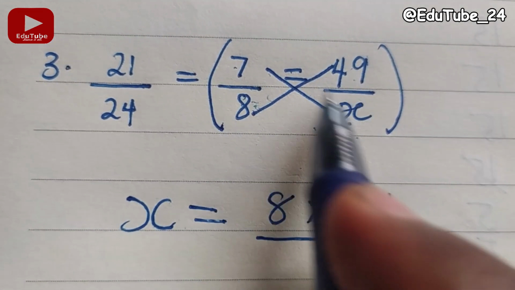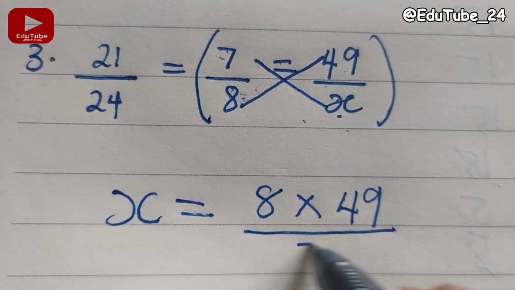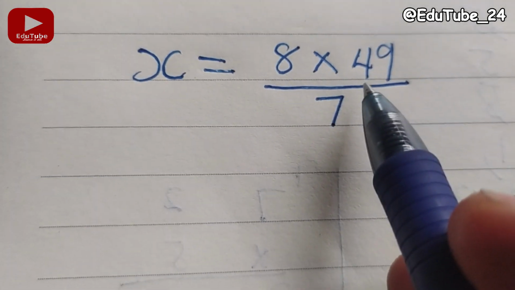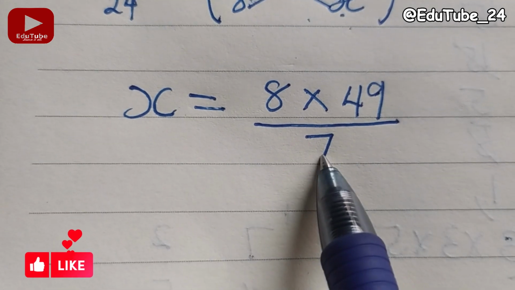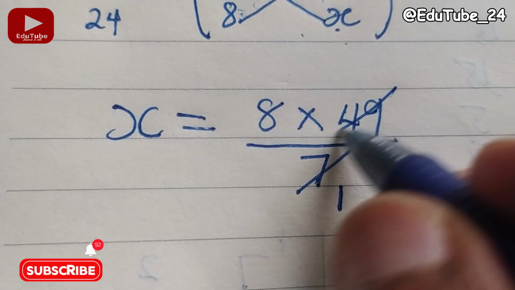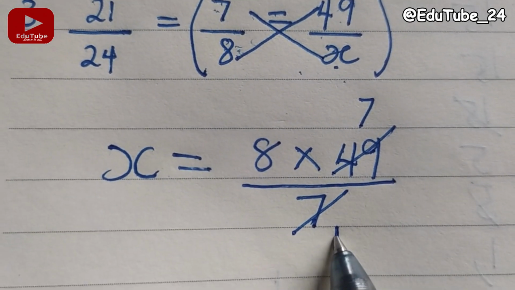Then the number across from x, which is 7, I will use to divide them. Looking at this equation now, I will see that 49 can be divided by 7. So I'm going to say 7 goes in 7, and that gives me 1. And 7 goes in 49, that gives me 7.